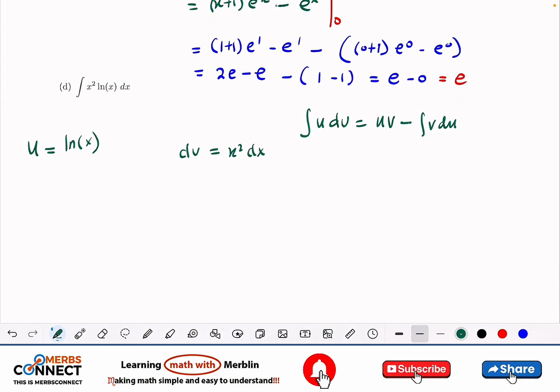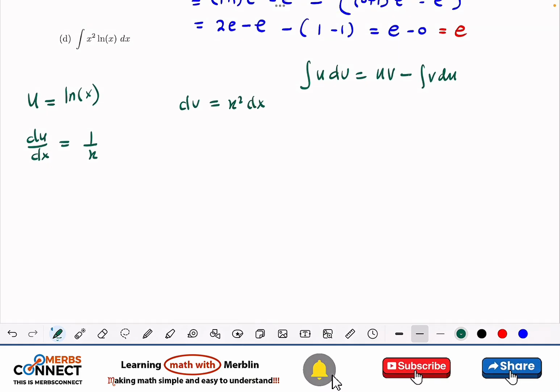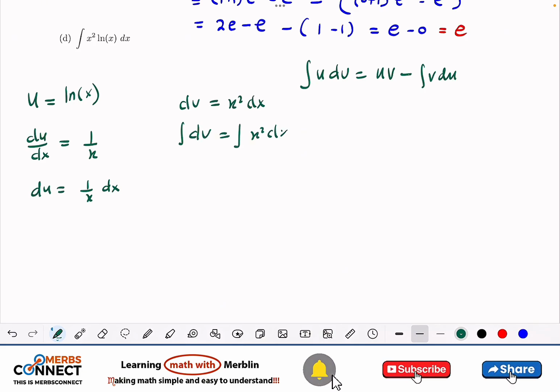Okay, so let's go through the same process. I need du, so this is going to be, when I want to differentiate a natural log function, this is going to give us 1 divided by x, and du will be 1 over x dx. Let's try and find v from here, and I'm going to have this one to be v, which is equal to x to the power 3 divided by 3.